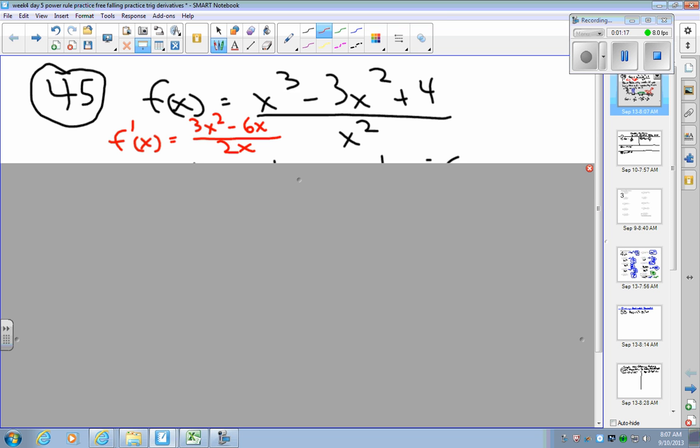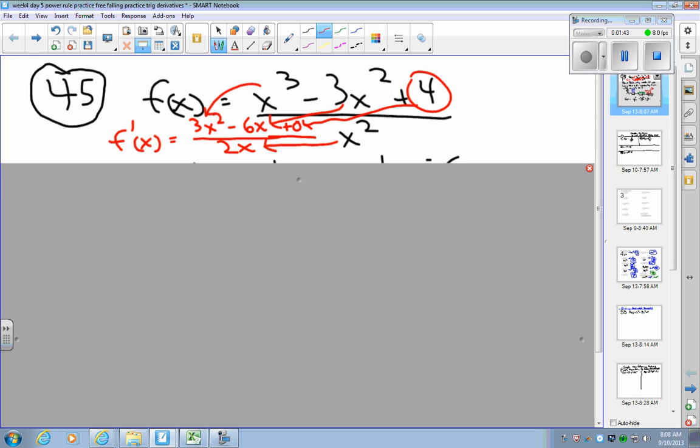The top guy, x cubed, went to 3x squared. By itself, that's the correct derivative, just if it was him. Minus 3x squared goes to minus 6x. And x squared goes to 2x, okay? So you did each guy, oh, and by the way, what's the derivative of the number 4? That's basically saying 0, okay?